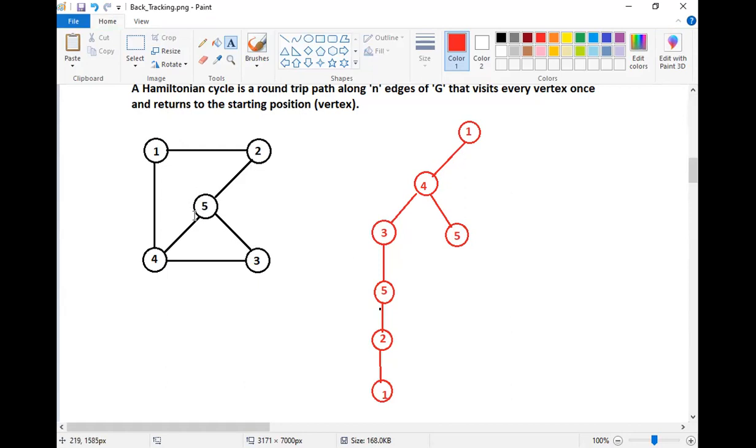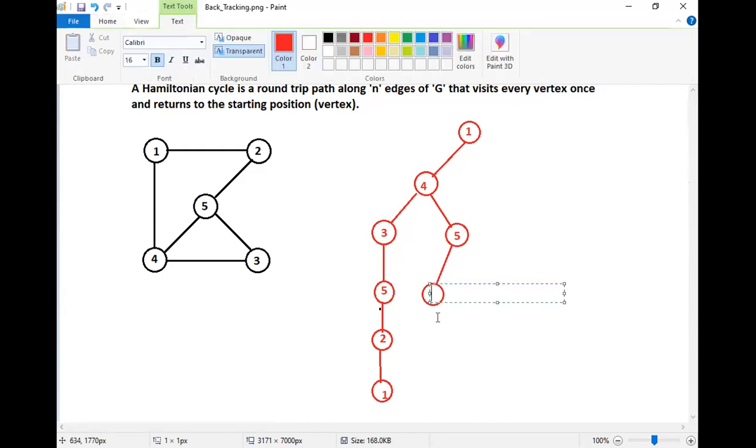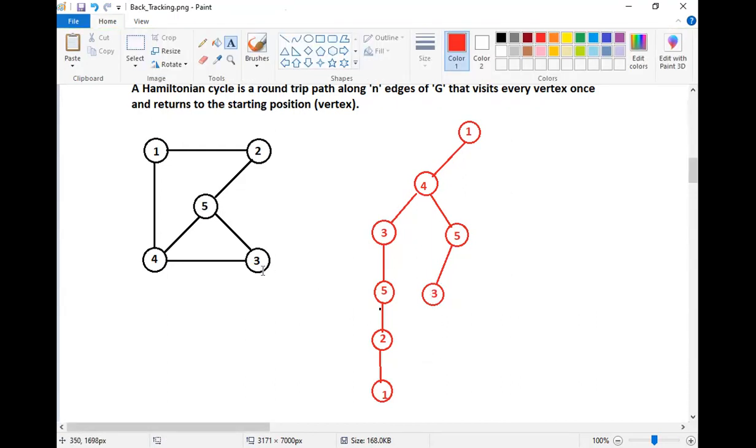Now let us say that from 5 to 3 I will go. Okay. Now what I will do from 5, I will move into one particular direction. Call it to be 3. Okay. Let me name it as 3 here. So here, look at here, 1 to 4, 4 to 5, 5 to 3.